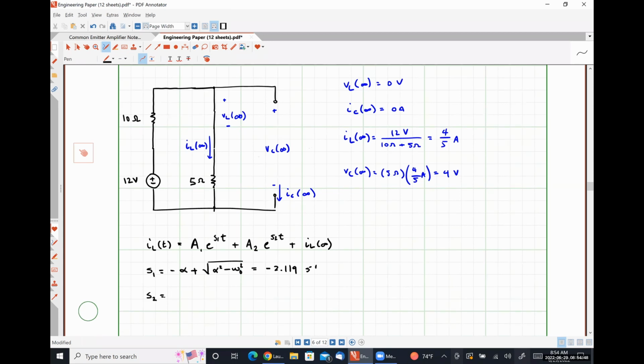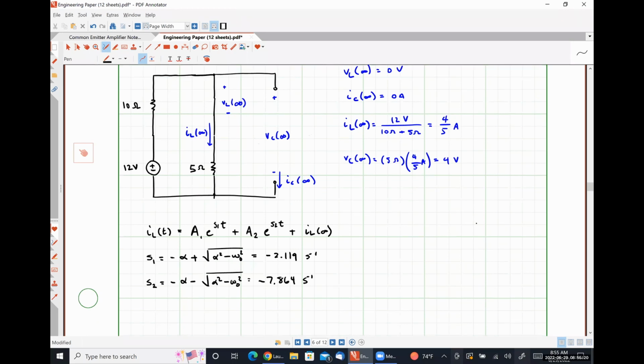And S2, which is negative alpha minus the square root of alpha squared minus omega naught squared, is going to come out to be negative 7.864. Second, and just storing things in my calculator for later use.